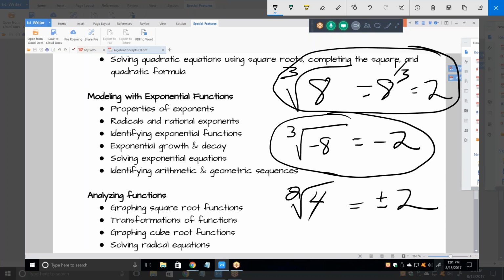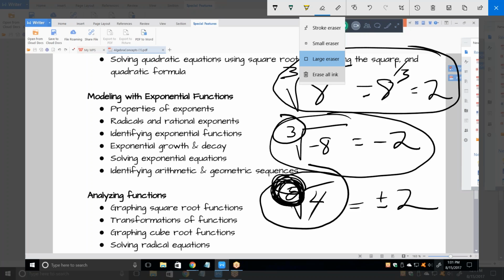So when you take even roots, by even I mean this number right here, you always get a plus or minus answer. When you take odd roots, you either get a plus answer or a minus answer. You don't get either or.